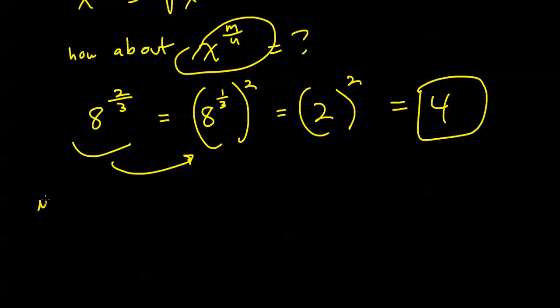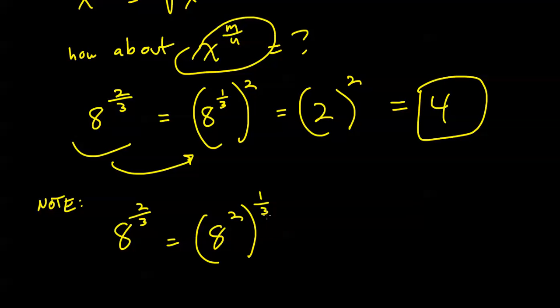All right, notice, I could have also done it like this. 8 to the 2/3 power. I could claim that is equivalent to 8 to the 2 times 1/3, or 8 squared raised to the 1/3 power. Let me make that a little clearer.